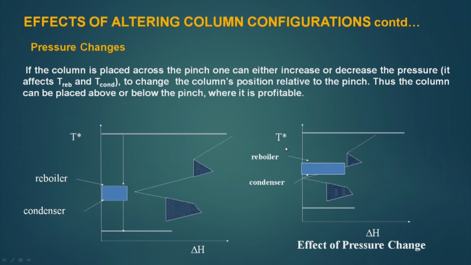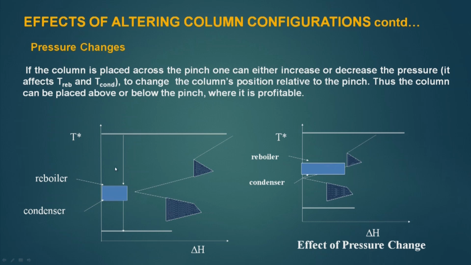If the column is placed across the pinch, one can either increase or decrease the pressure, as it affects T reboiler and T condenser, to change the column's position relative to the pinch. That means, by changing this pressure, I can either shift it to the upper side, or by decreasing the pressure, I can go downside.